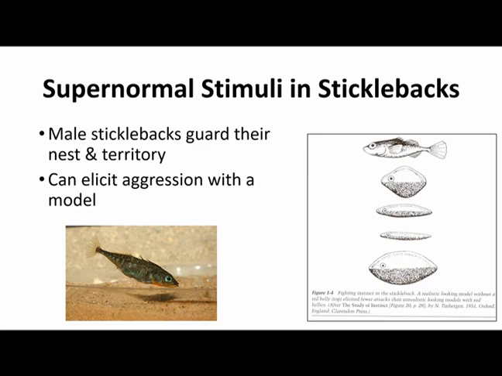So if you're protecting a territory in a nest, maybe another male comes in and mates with females in your area, in your territory. So there's a pretty strong penalty to not chasing off a potential competing male. So wasting the energy on attacking anything that's red on the bottom might have been evolutionarily worthwhile, just in terms of trade-offs. So that's another interesting example, and there's a video that goes with this as well.